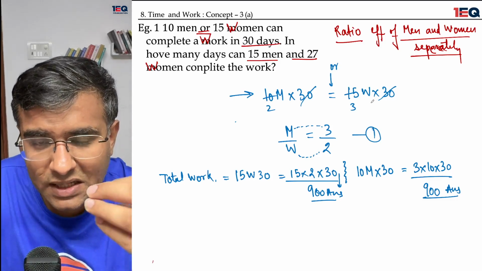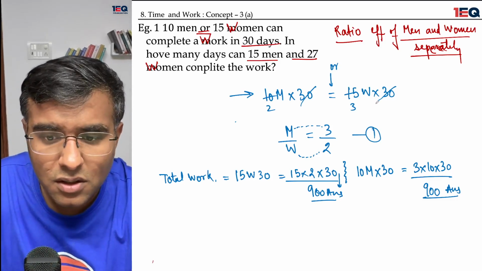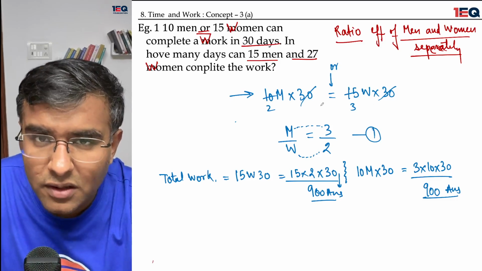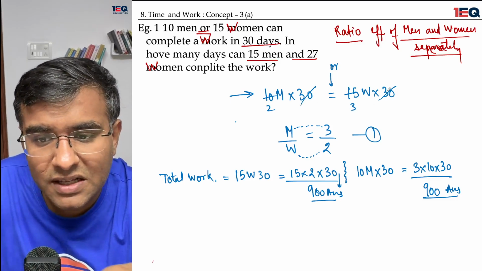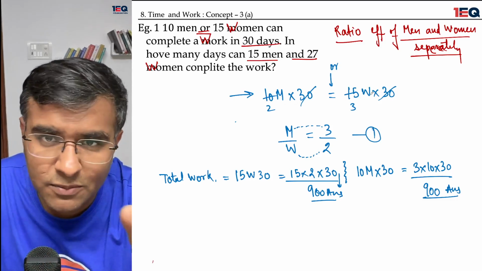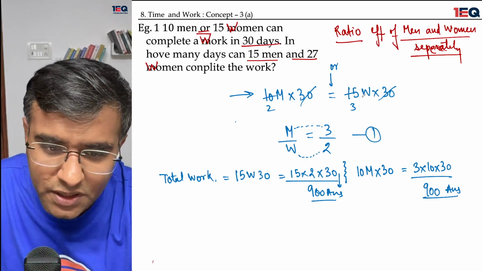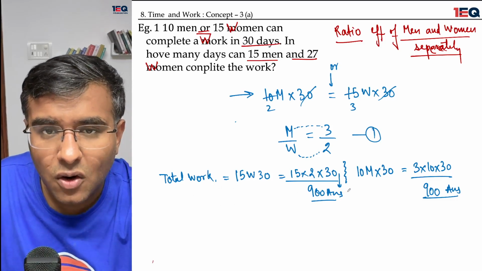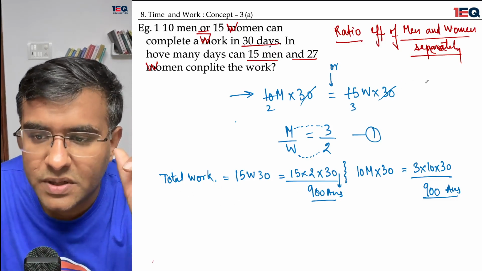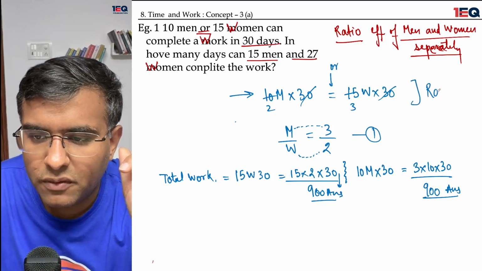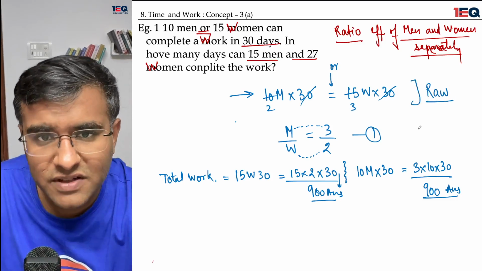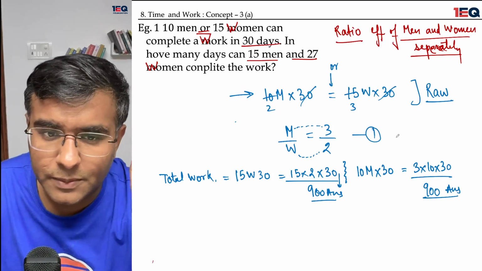It will give you an answer which is lesser. So never do that. I did not assume that 30 and 30 is cut off and 10 men is equal to 15 women. No, you're not supposed to do it. Whenever you're finding total work, always use the original raw equation. This over here is the raw equation. Always use the raw equation to find out the total work.